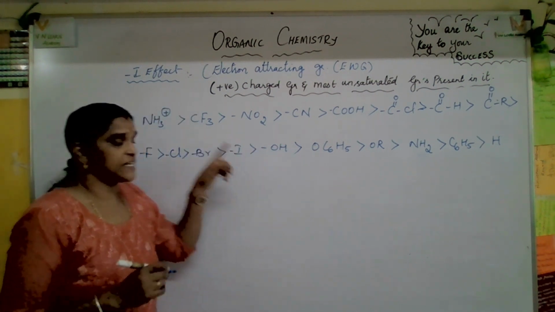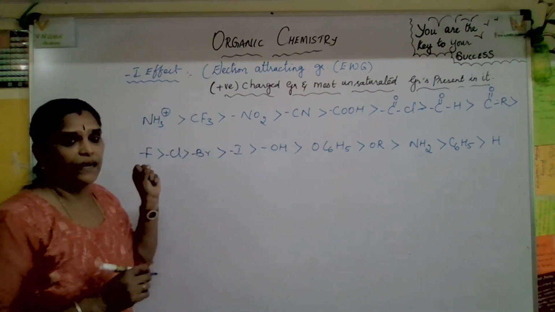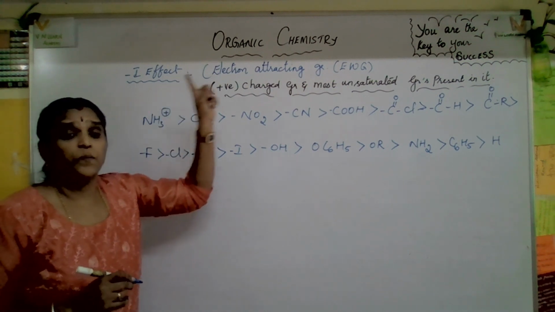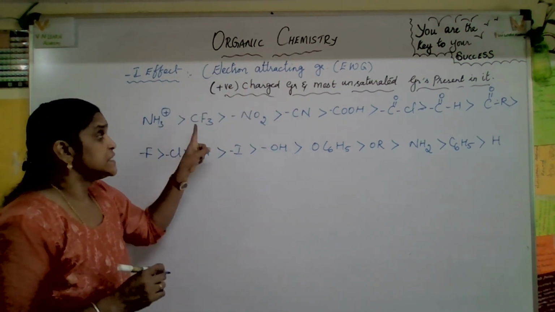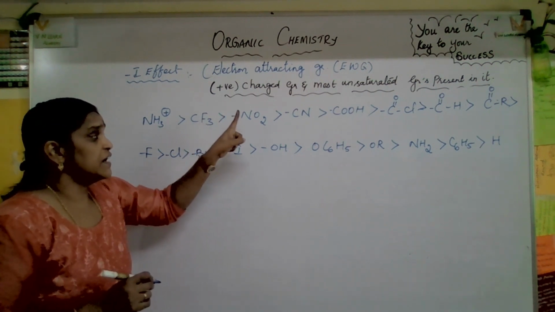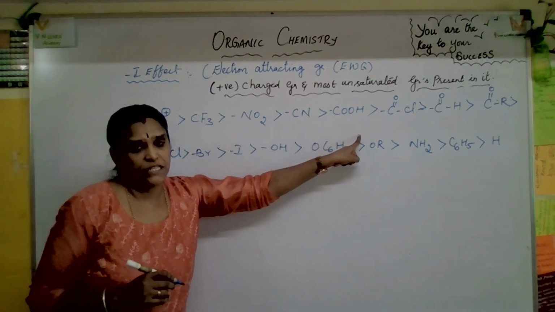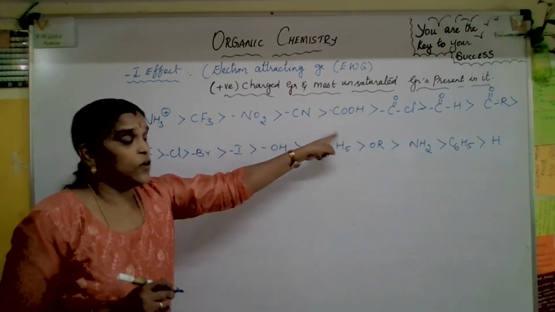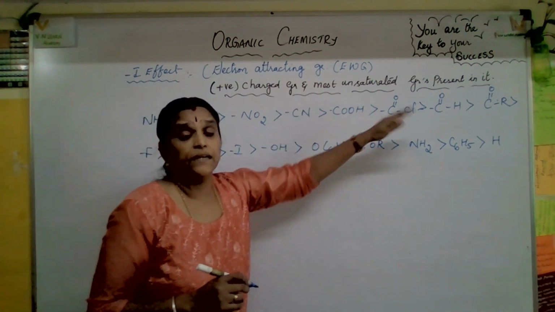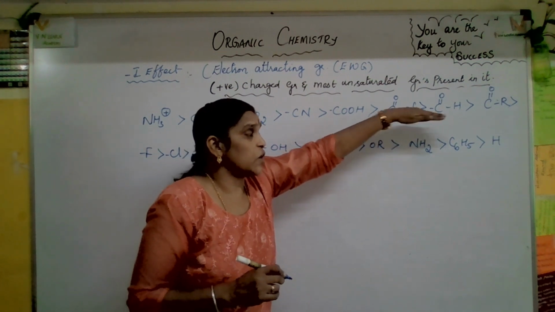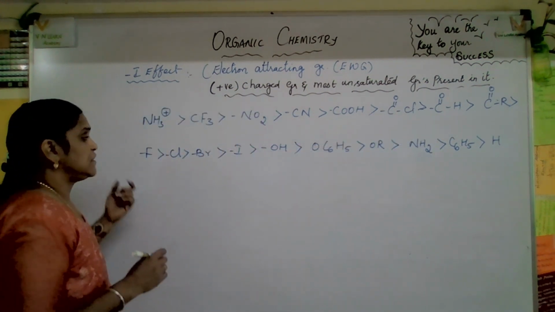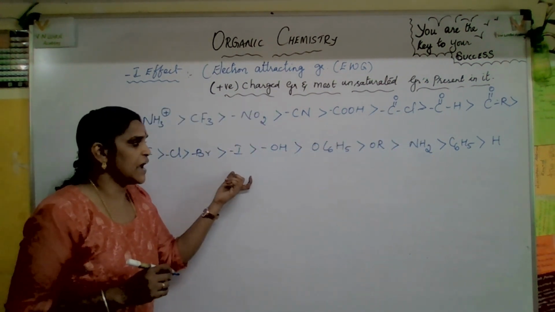I'll tell you once again so you can grasp it quickly. First and foremost, the most positively charged: NH3 plus, CF3. It is greater than nitro, cyano, carboxylic acid. Next, acetyl chloride, aldehyde, ketone. Then the third group: fluorine, chlorine, bromine, iodine.